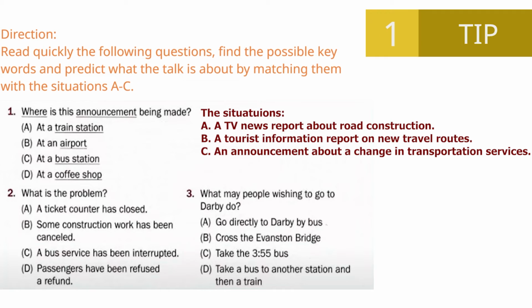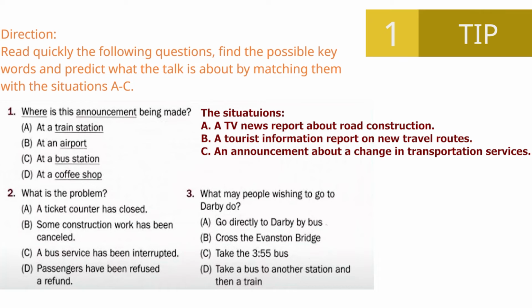Where shows or asks for the location. And look at the 4 possible options. All of the options show a location, right? Train station, airport, bus station, and coffee shop. And the second keyword is announcement. So look at the situations here.